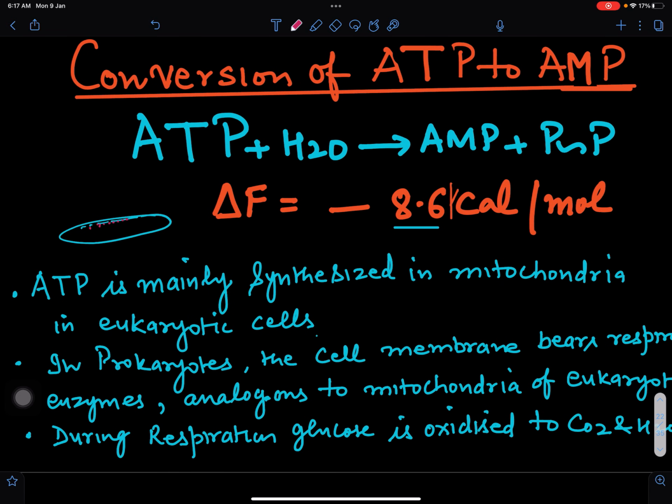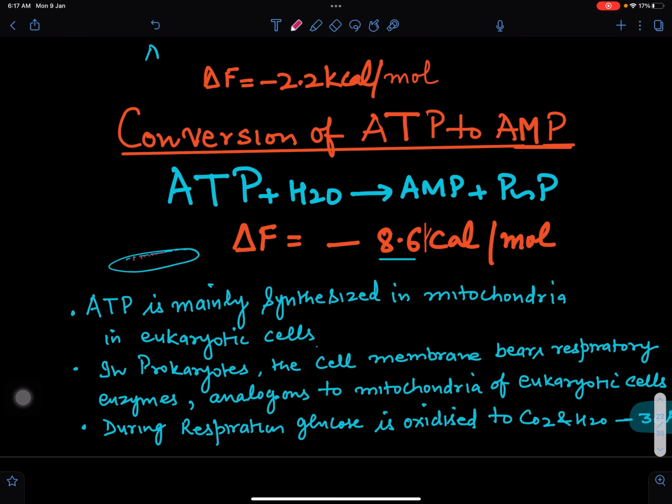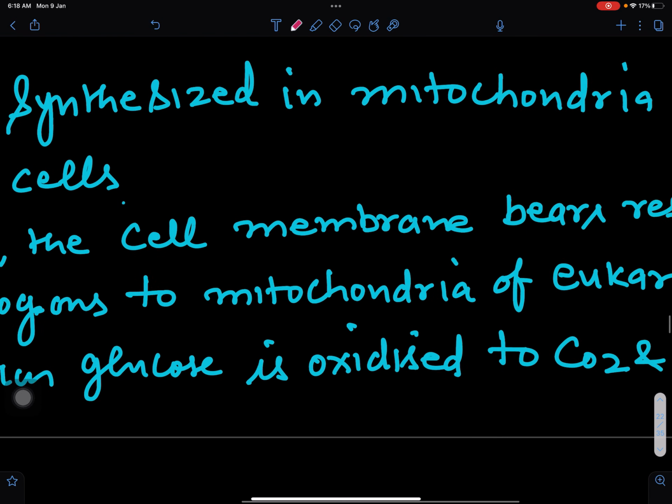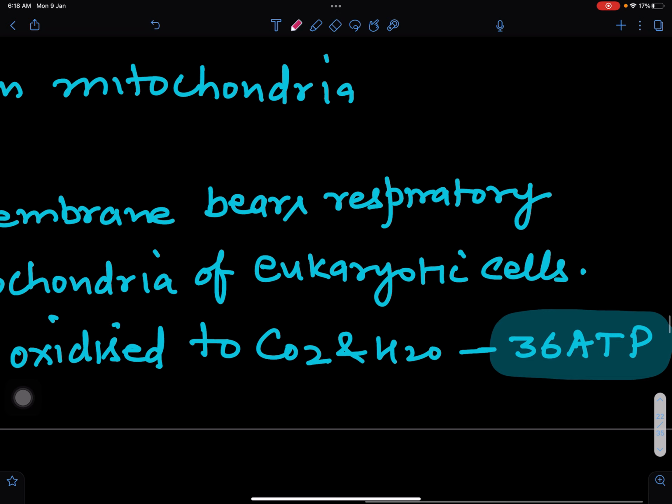Mitochondria is a cell organelle which helps in oxidative phosphorylation. Again I'll discuss in detail in a separate video, and then I'll share the link in the description box. So in prokaryotes, the cell membrane bears respiratory enzymes and they help in formation of ATP. So during the whole process of respiration, the sugar molecule, that is glucose, is oxidized to carbon dioxide and water, right.